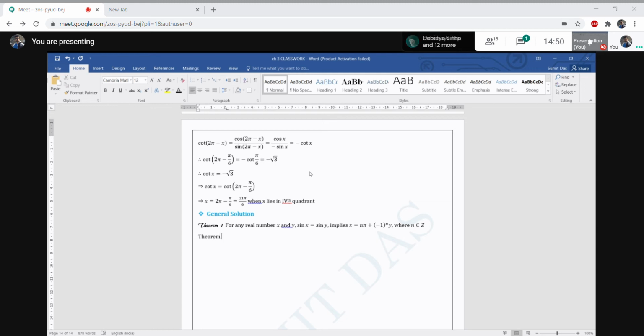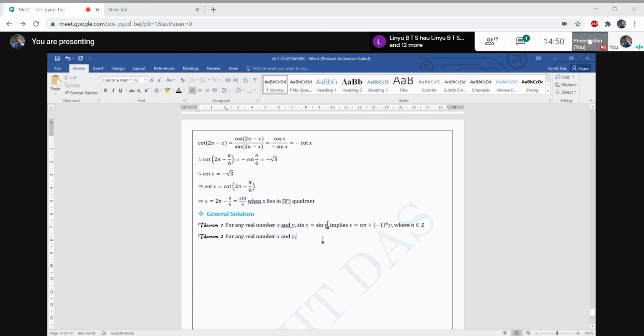Then theorem 2. What theorem 2 is saying: for any real number x and y, let me write down all the things, then I will explain.